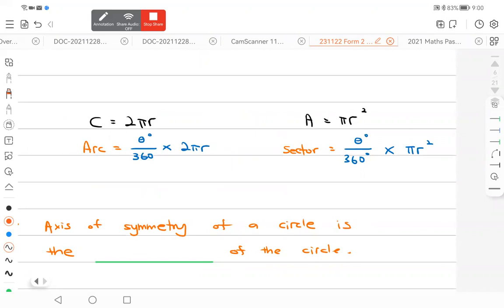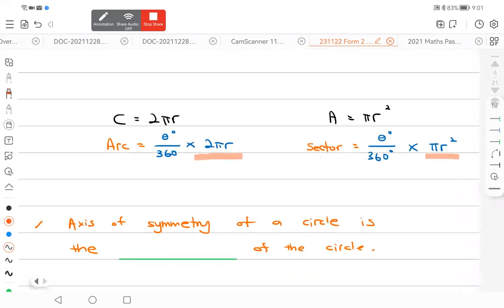To find a sector, you just need to change the formula at the back, because a sector means part of the area of the circle. Arc means part of the circumference. The formula is given during the exam, so if you forgot, please check.